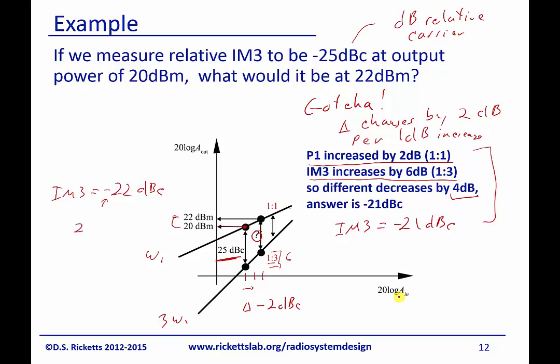So let me just take 22 and divide it by 2, that equals 11. And so that means if Pin increases by 11 dBm, then my IM3 will be equal to 0. And how did I figure that out? I just did it through geometry, by the fact that this is decreasing 2 dB for every 1 dB increase in input power.